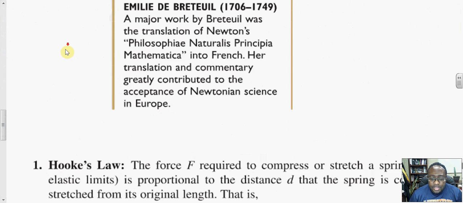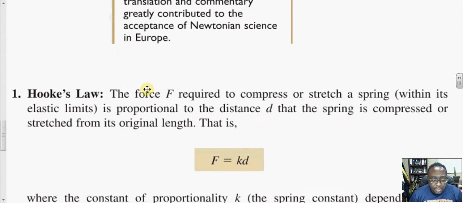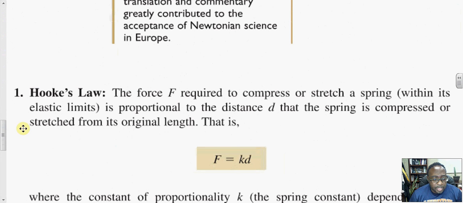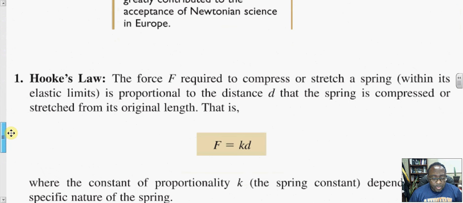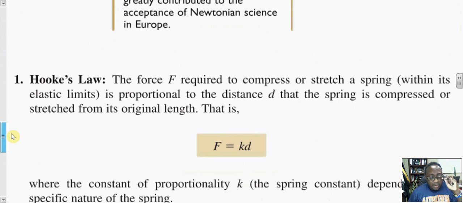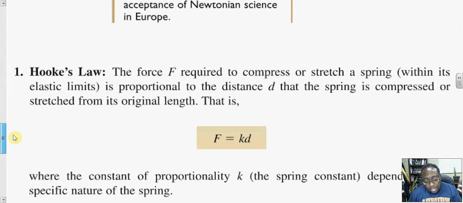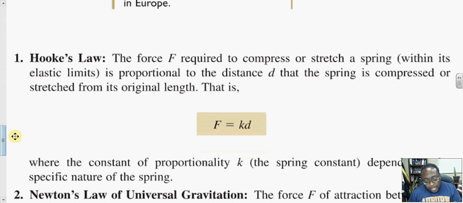I want you to be able to see it. There are three particular laws that deal with force that we want to consider in physics and calculus. Hooke's law is one, that the force is said to be computed with respect to the distance of the stretch or the distance of the compression if it's a spring.